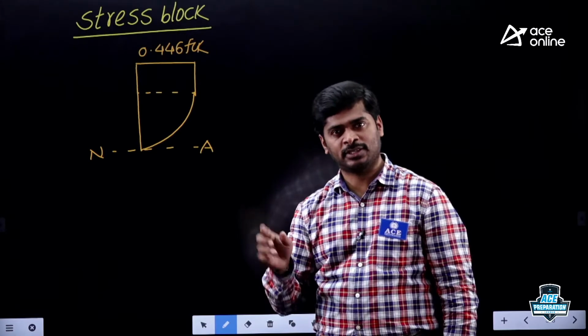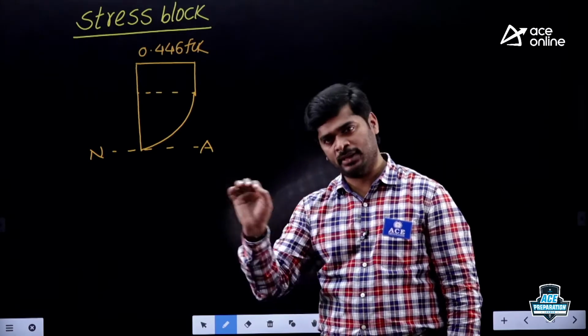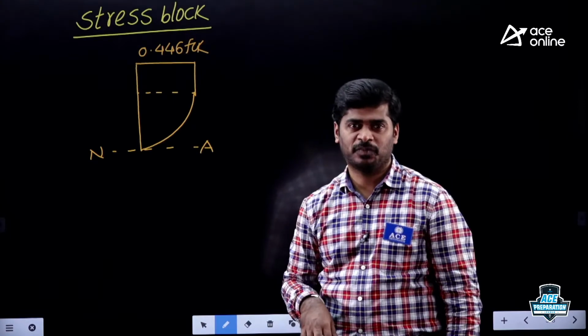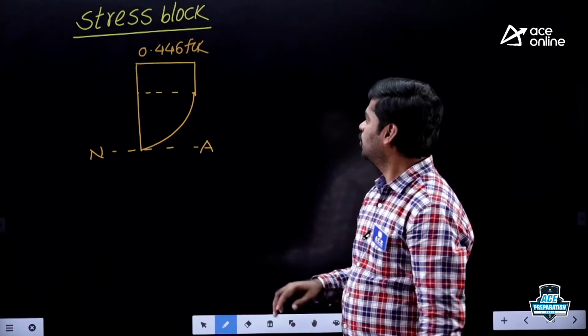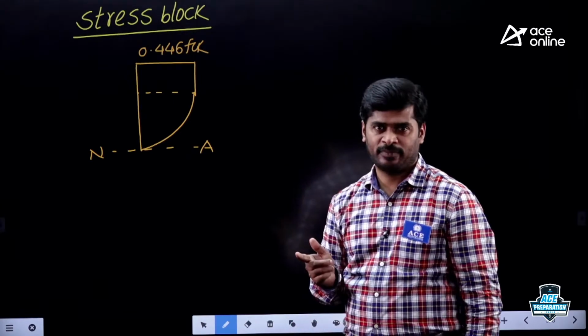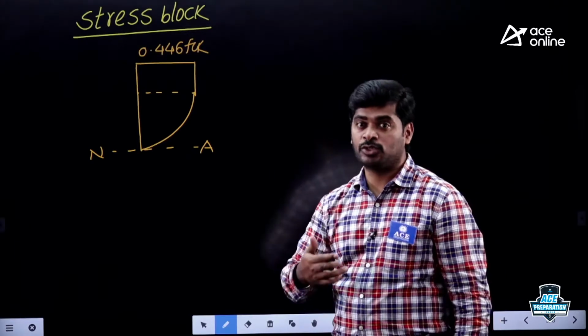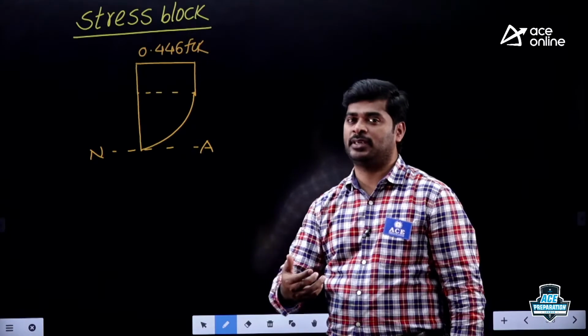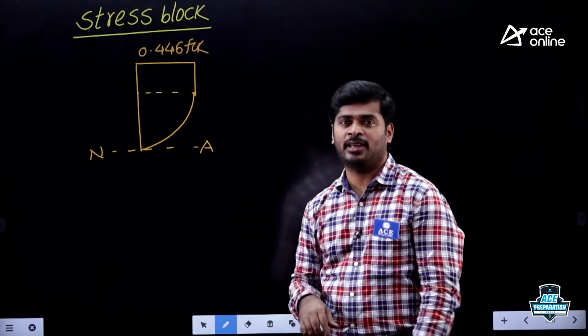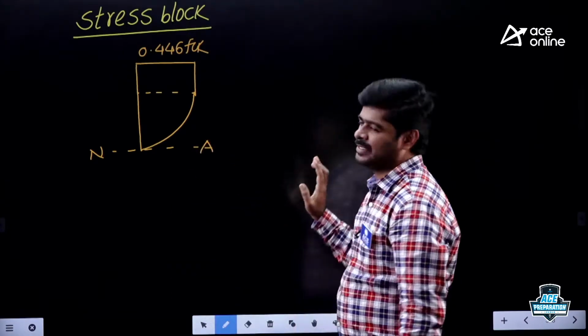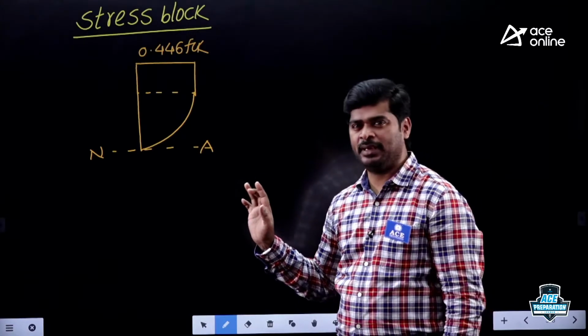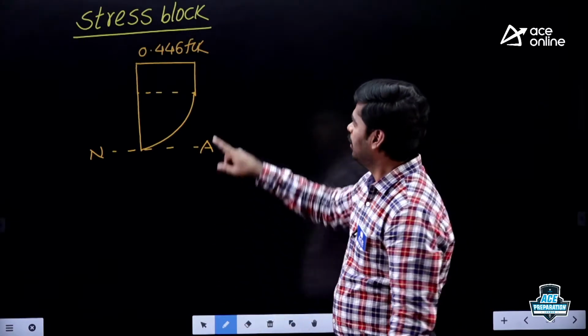If you do a wrong answer, the option is there. If you do the right answer, the option will be waiting for you. So don't make silly mistakes. To avoid silly mistakes and to get the accurate answer, you must have clarity in concept. Now see the basic concept once, then I will solve that question.